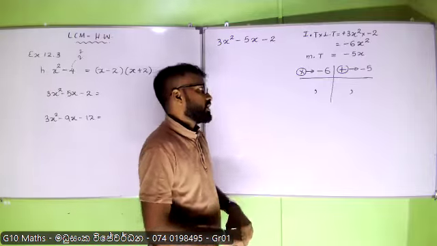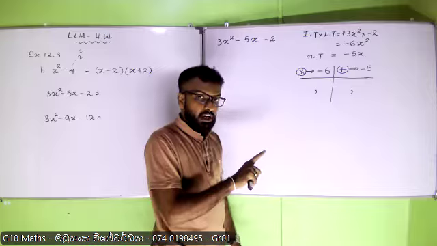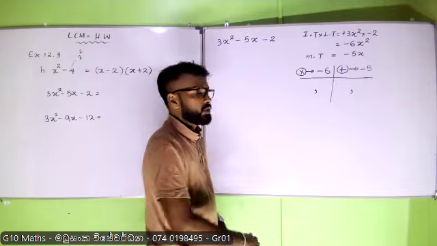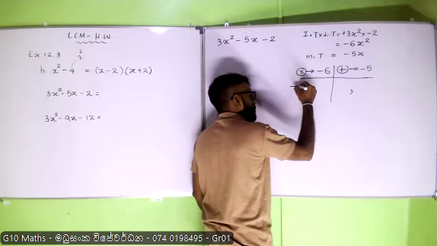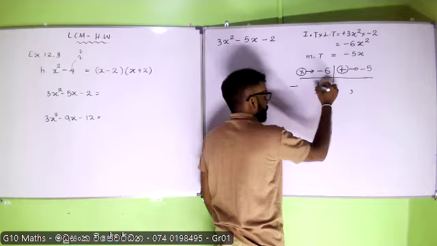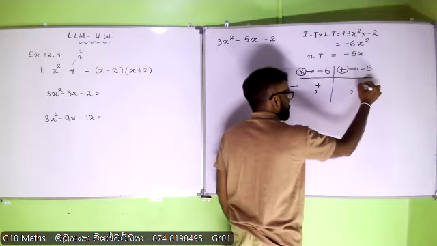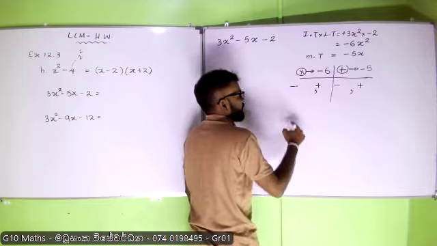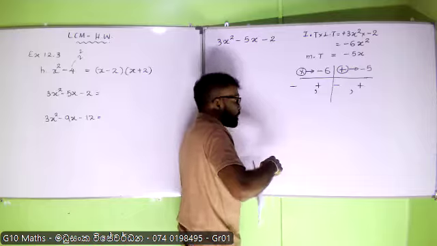Right. So, that possibility is one number should be negative, the other one should be positive. This should be a negative number, this should be a positive number. The same thing applies here.